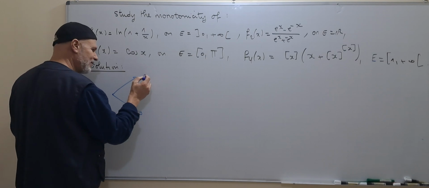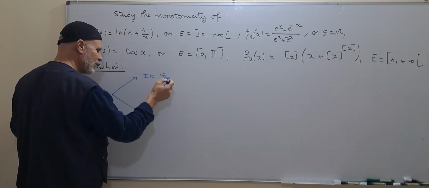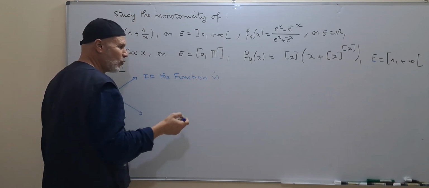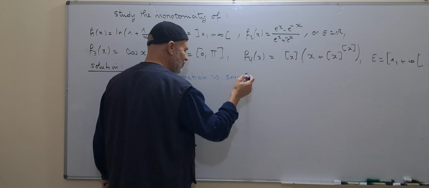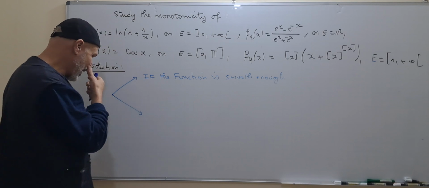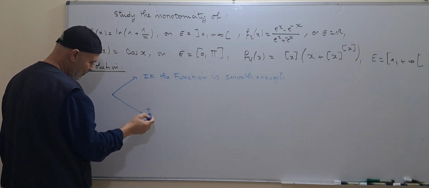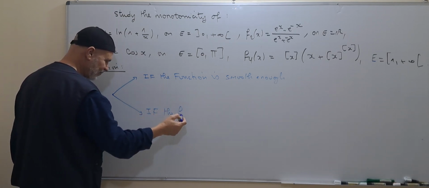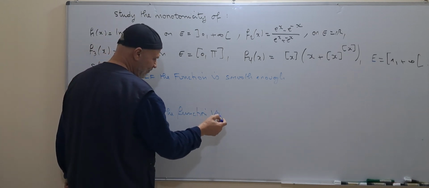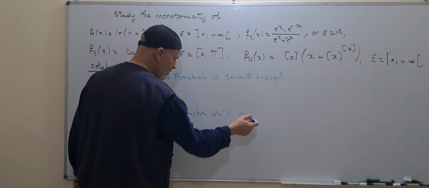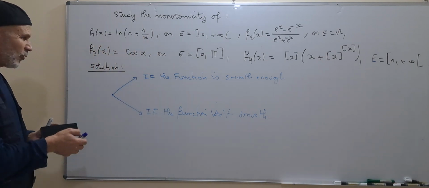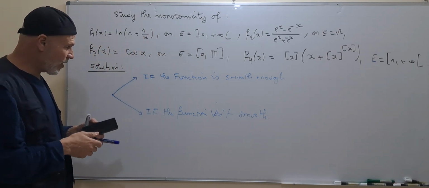If the function is smooth enough, we have a way. If the function isn't smooth at all, we have to use another way. What do we mean by smooth enough?